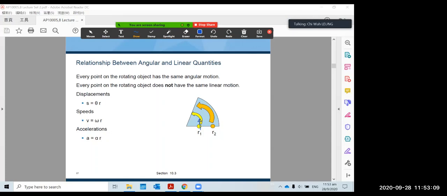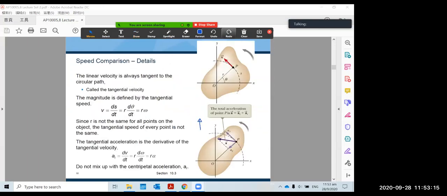In the next slide, you will see that when the object is rotating, the velocity is perpendicular to the radius of motion. So the particle P, as we call it, is moving tangentially, along the tangent of the circular arc at this point.